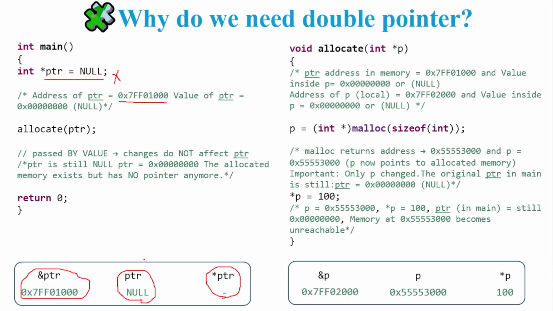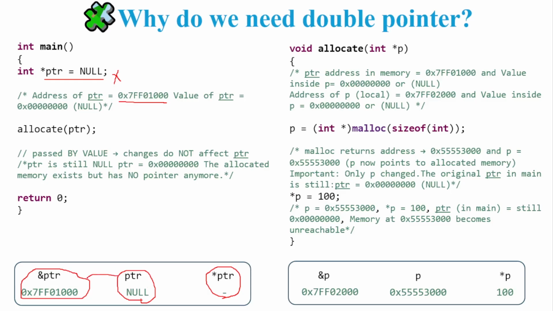This is very important. When the pointer is NULL, the value stored inside it is simply 0, or the null address. But the pointer still exists as an object in memory and therefore has its own unique address.